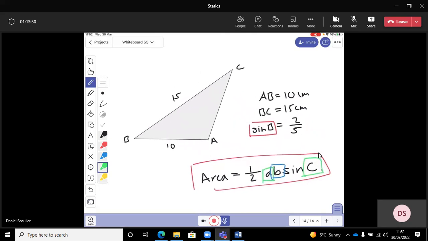Those matching pairs are really important. If I was looking at that angle, the matching pair for that would be over here. If I was looking at that angle, the matching pair is over here. And if I was looking at that angle, the matching pair is over here.